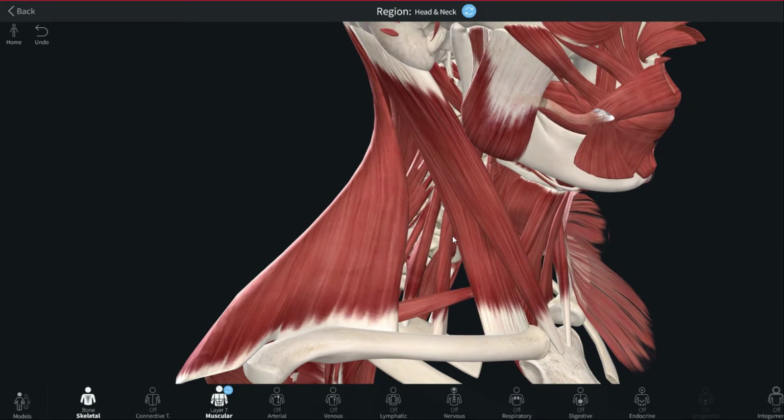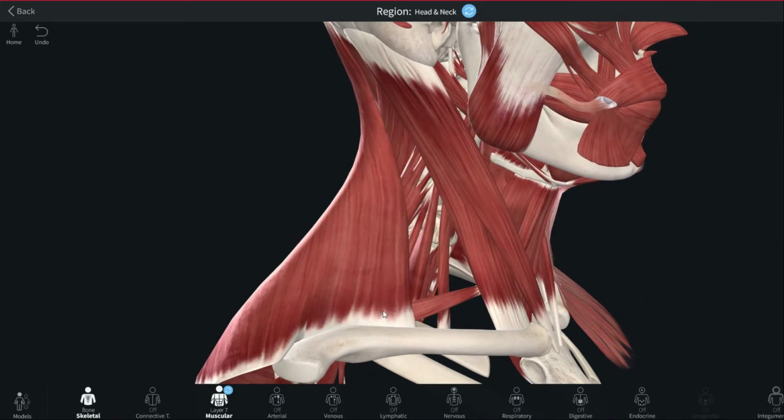Now we talked about the boundaries as such. Now there are two more things that we need to talk about. One of them is the roof of the posterior triangle, and the other is the floor of the posterior triangle. So think about it as kind of a three-dimensional room.